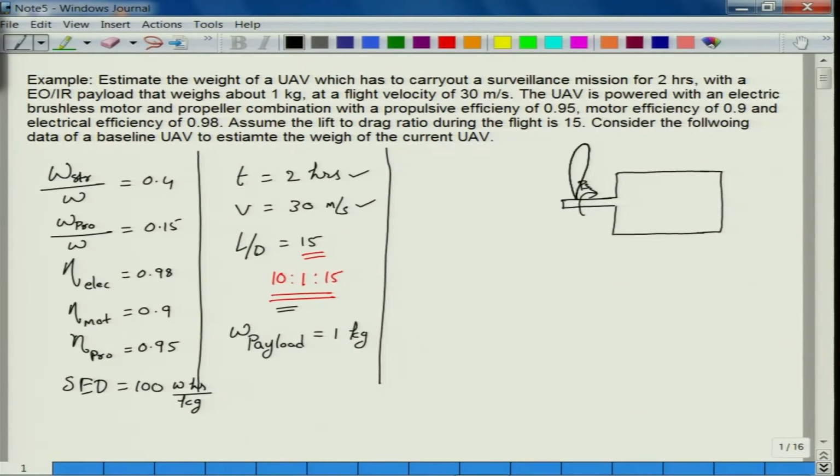When I connect a propeller to this shaft, what I achieve is power available, the useful power that helps the UAV move forward. Let us see what exactly this shaft is connected to.